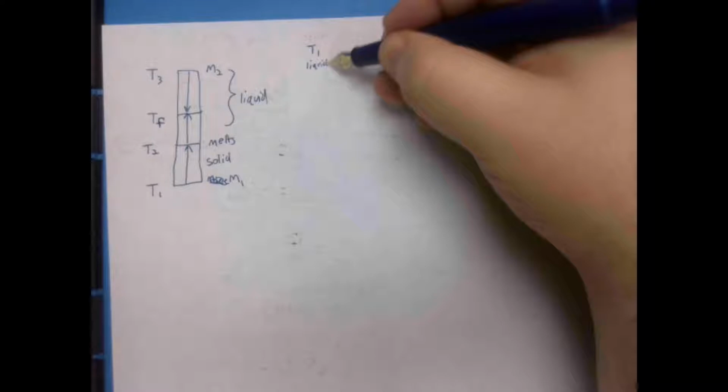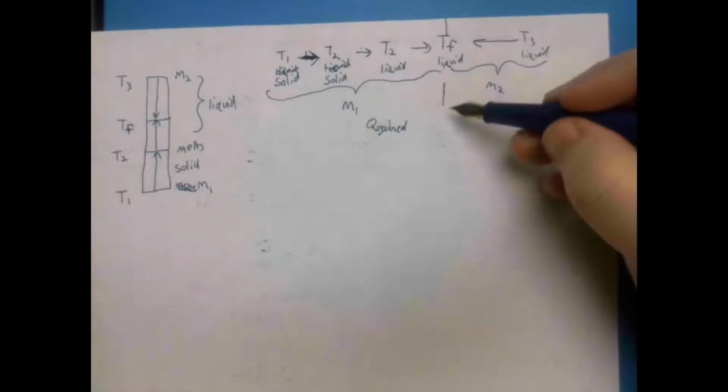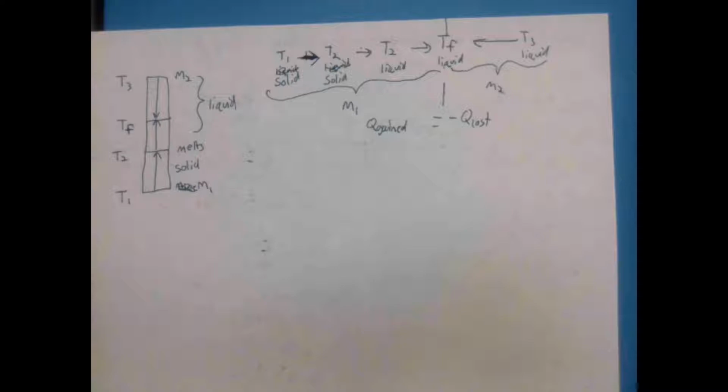So this side is going to be our mass 1. And this side is going to be our mass 2. Each arrow represents an equation. And at this side, right here, this is going to be our heat gain section. And it's going to equal negative heat lost, because the arrow's in the opposite direction. So we can come up with a general formula and solve for TF.